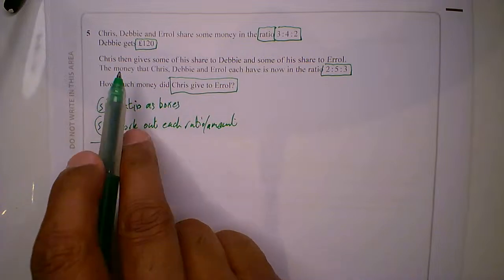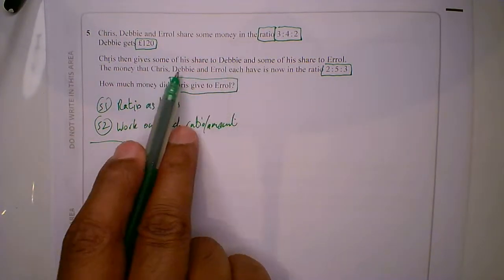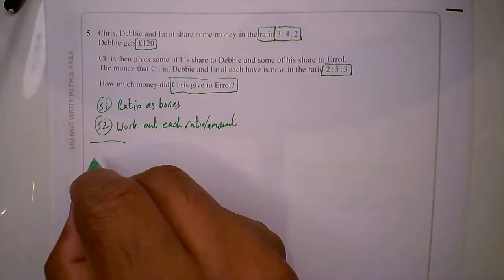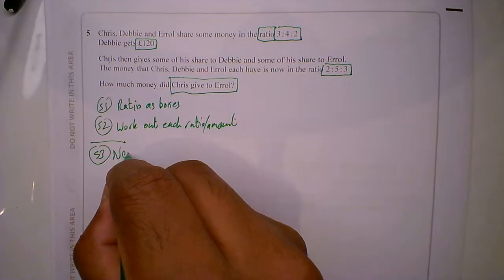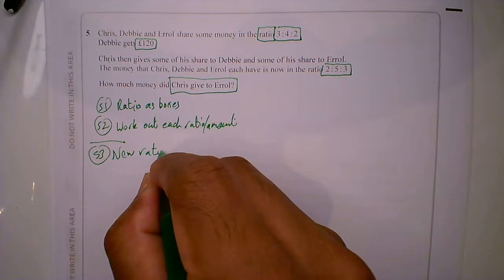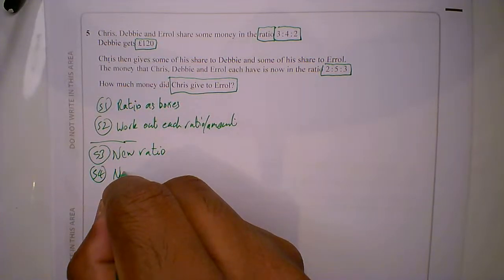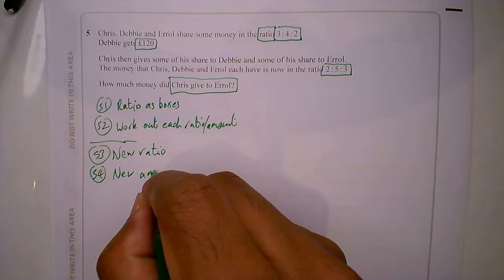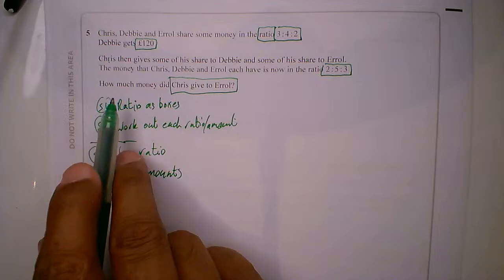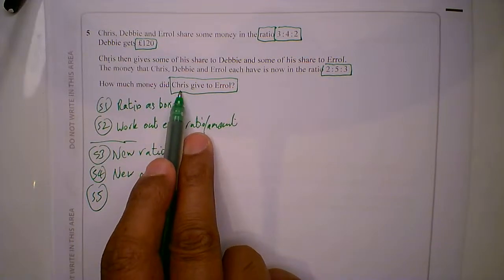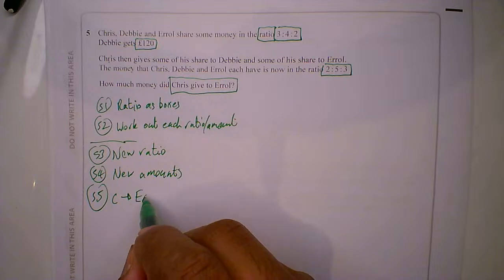Once we've done that, Chris then gives some of his share to Debbie, and so we have a second ratio. So step 3 is a new ratio, and then step 4 is the new ratio amounts, new amounts. And then step 5, the question is, how much money did Chris give to Errol? Chris to Errol.